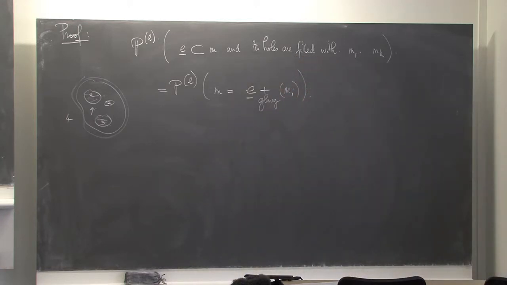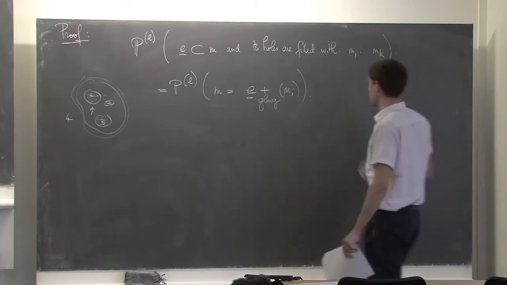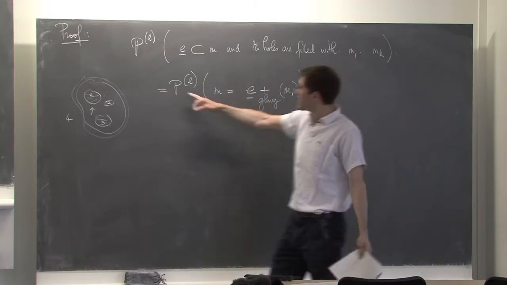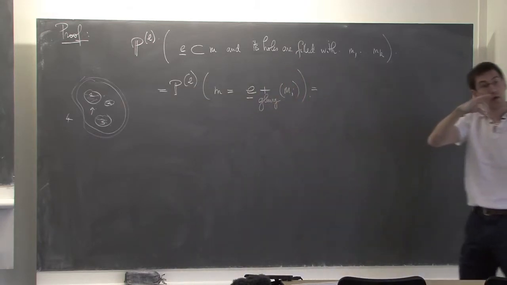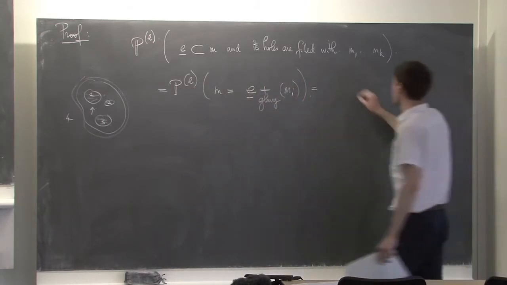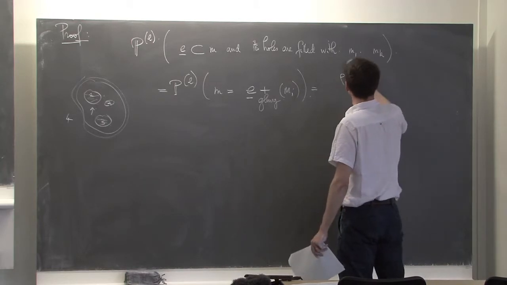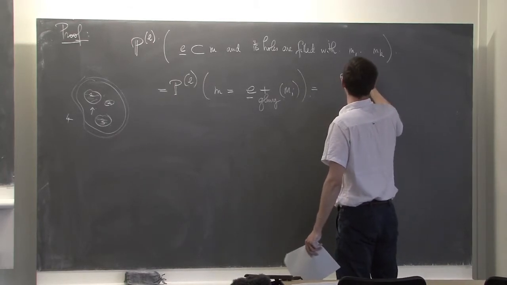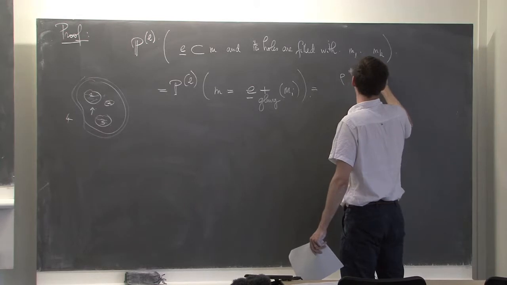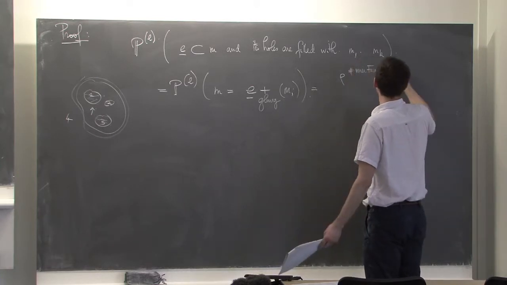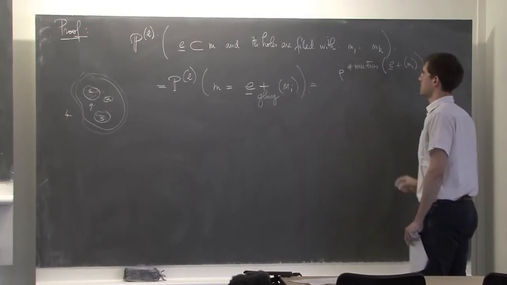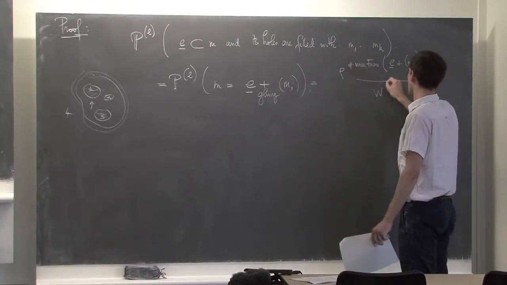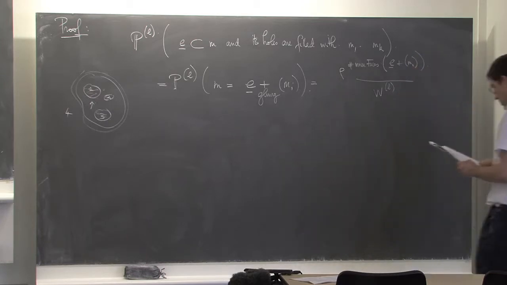But what is this? You know by definition that the Boltzmann probability measure is proportional to rho to the number of faces. So that's rho to the number of inner faces of E plus Mi, divided by the partition function WL.